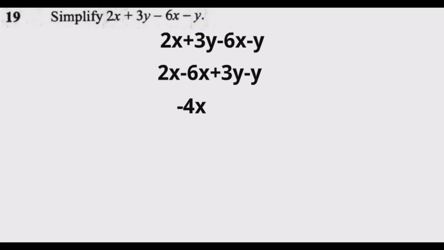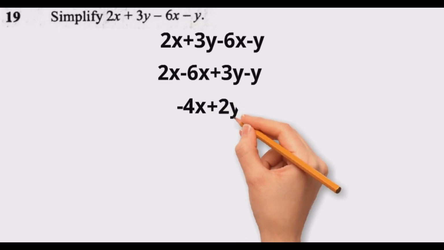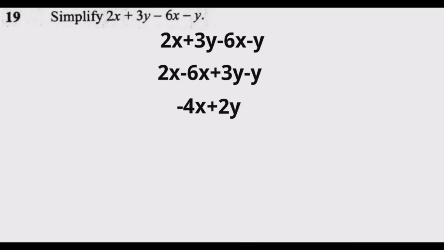Then we say positive 3y minus y. When signs are different, we subtract and we maintain the sign which is on the bigger number. So positive 3y minus y is positive 2y. So the answer will be negative 4x plus 2y.